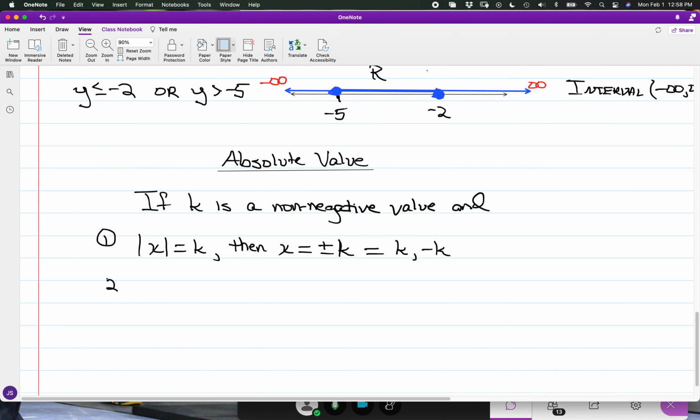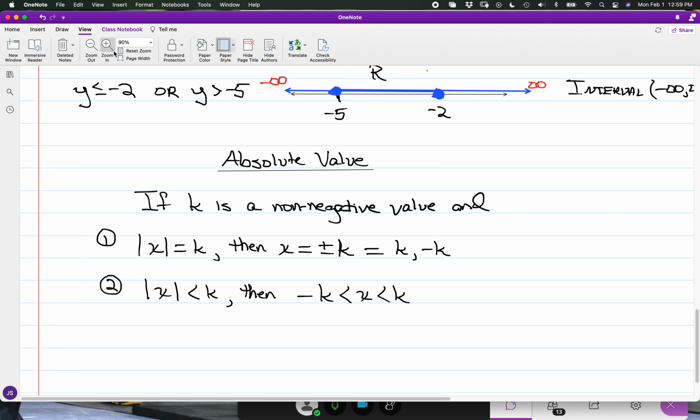And again, with the inequality, if I have that the absolute value of x is less than k, then you have your compound inequality: -k is less than x, which in turn is less than k.